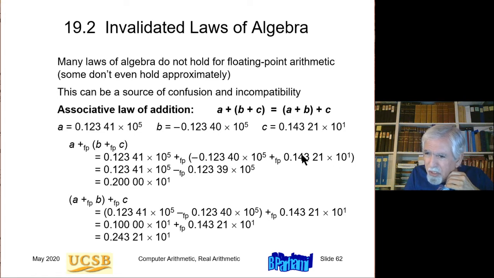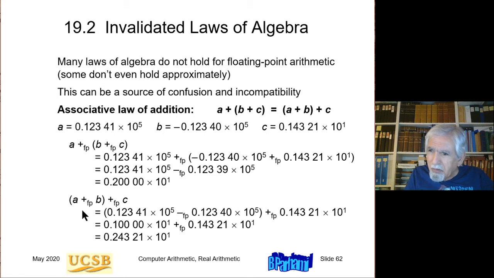When I shift this to the right, I get this value for the significand. Notice that value isn't much different from what I had up there. So C made a very small difference in the magnitude of B plus C. And then when I add A, I get 0.2 times 10 to the 1.